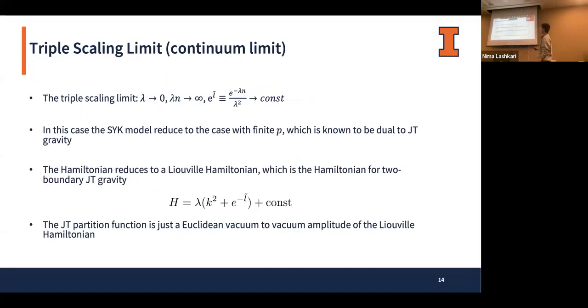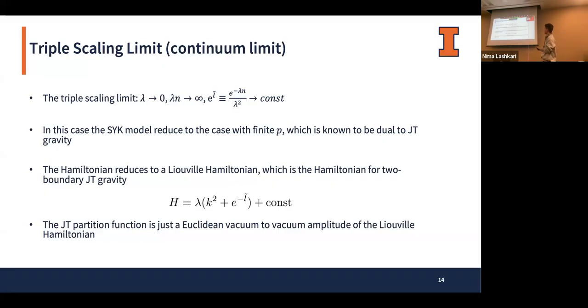Now we are talking about the so-called triple scaling limit in the literature, which is actually just the continuum limit. We take lambda goes to 0 and q goes to 1, the limit we discussed just now. But we take n to be very large, such that lambda n goes to infinity, and we take this renormalized length to be a constant.